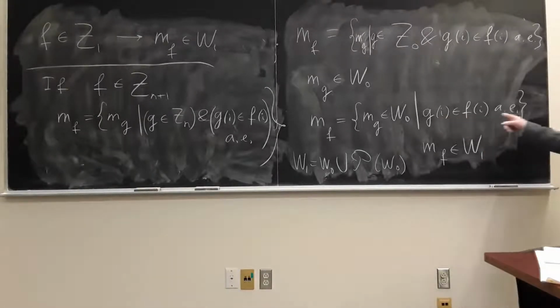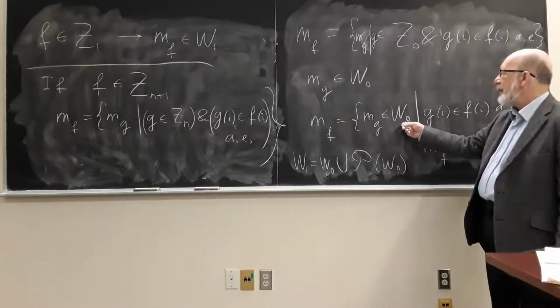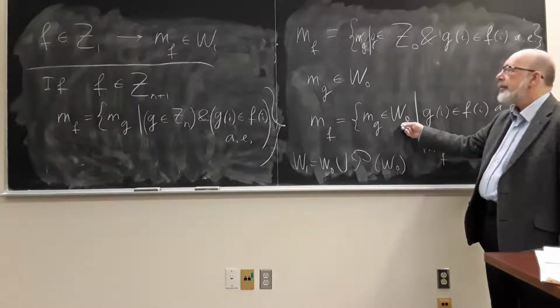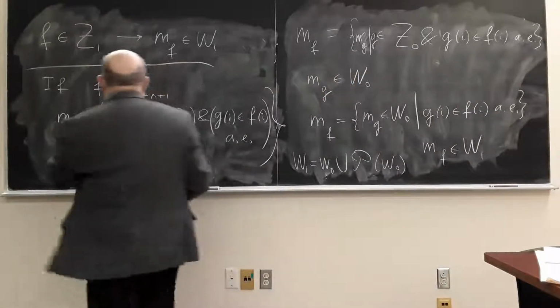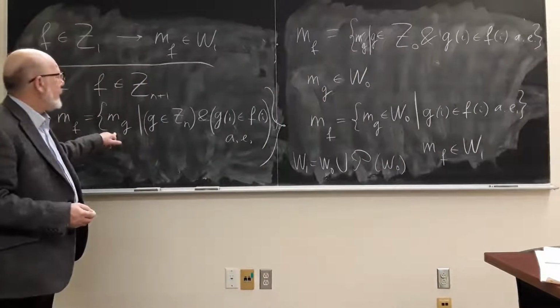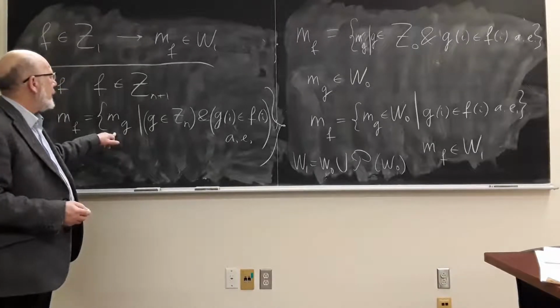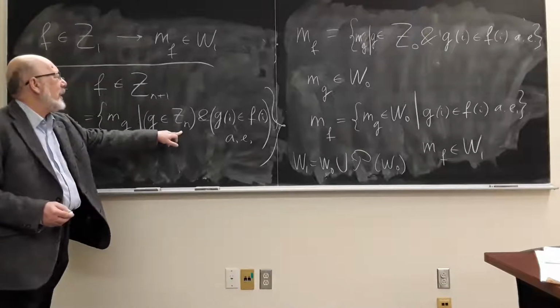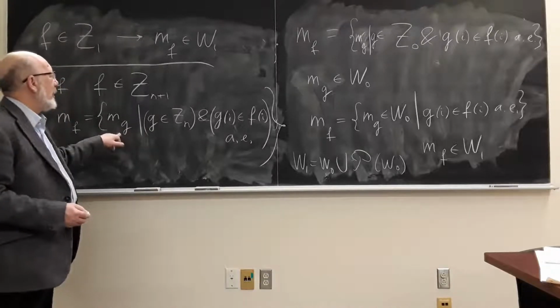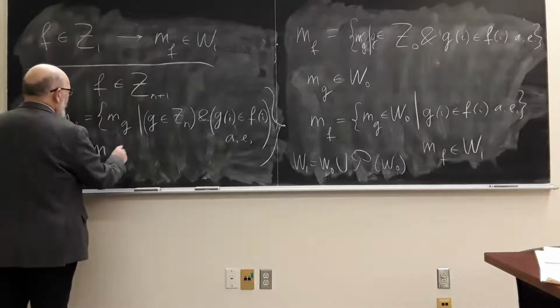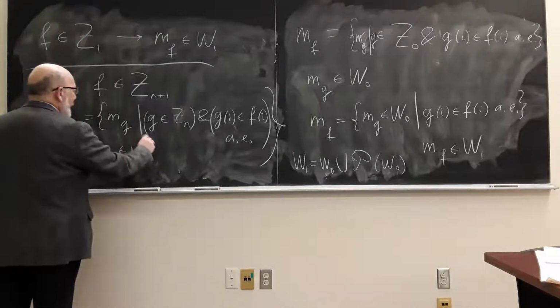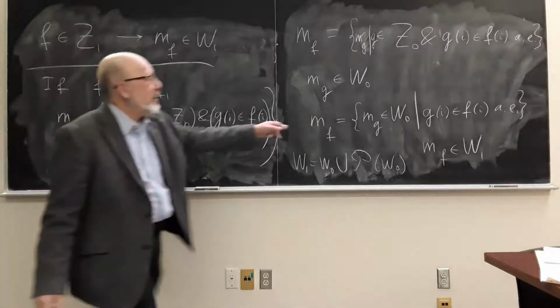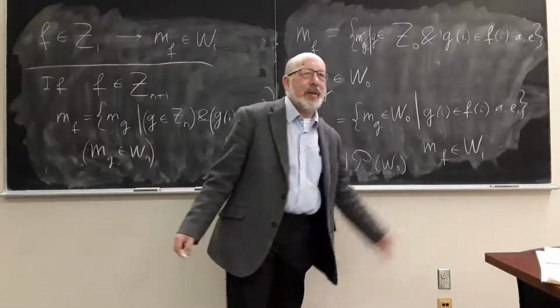So it is a particular case. So Mg, for G in Zn, means that Mg is in Wn, to make it sound equally.